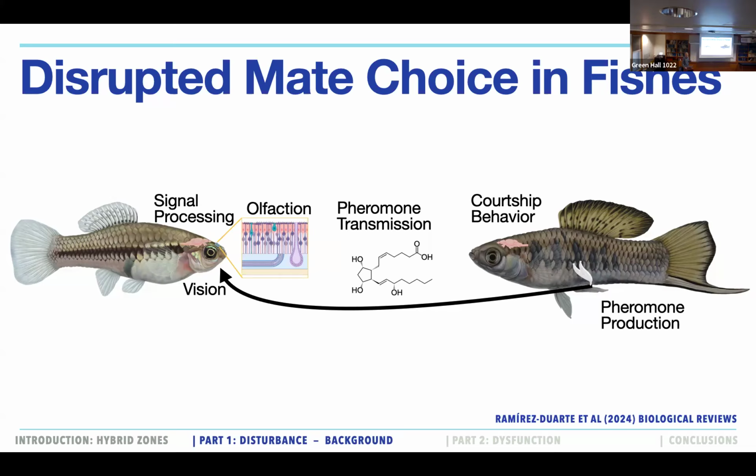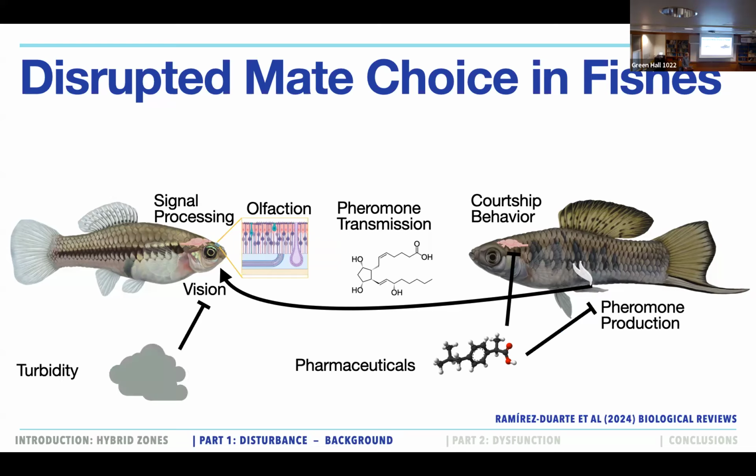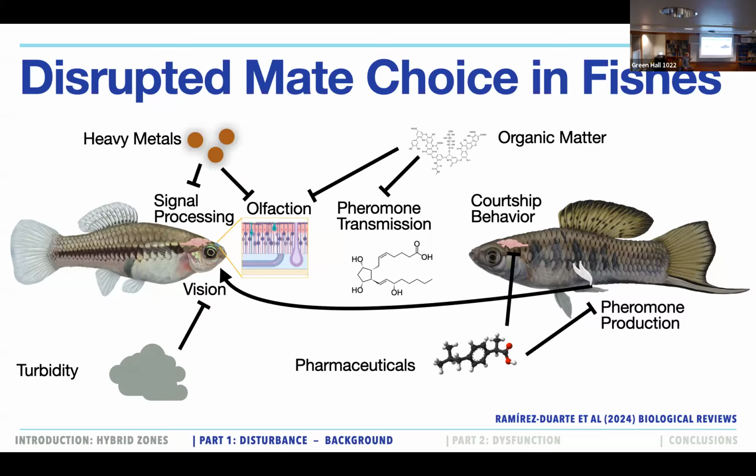And any of these steps could hypothetically be disrupted by water pollution. So we know pharmaceuticals can disrupt both behavior and the production of pheromone signals through endocrine disruption. We also can imagine turbidity affecting vision. We could have organic matter in the water that sequesters organic pheromones that are present. And we also know that heavy metals in the water are sometimes neurotoxic and can affect the olfactory epithelium directly. So in general, in fish, we know that water pollution can affect mate choice quite strongly.